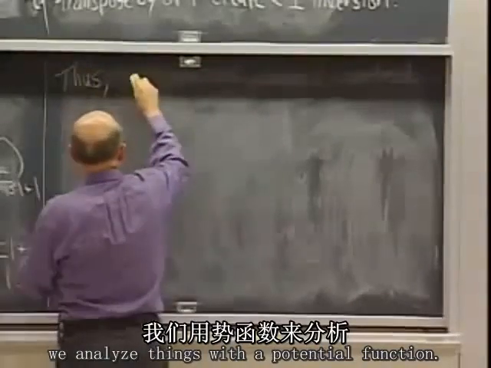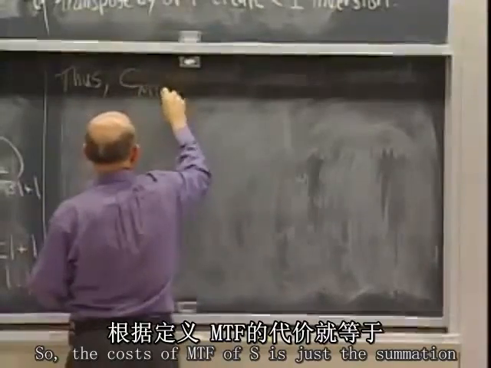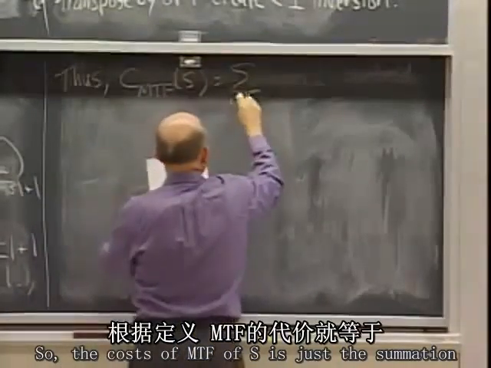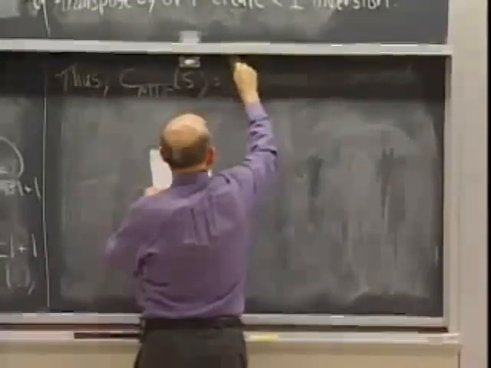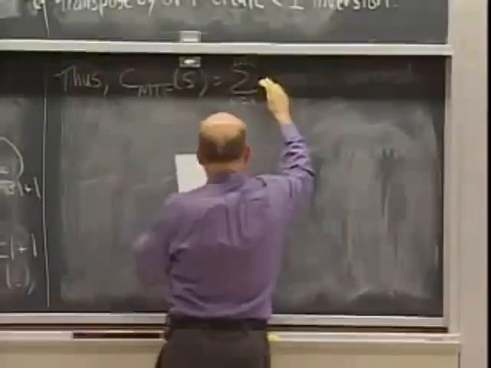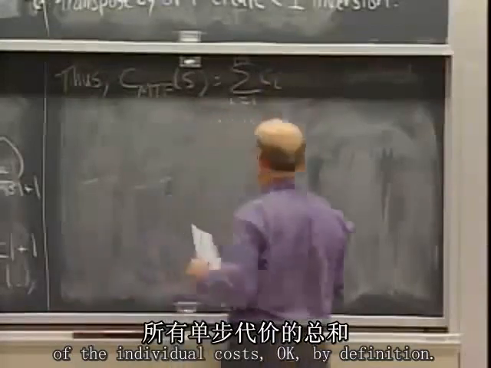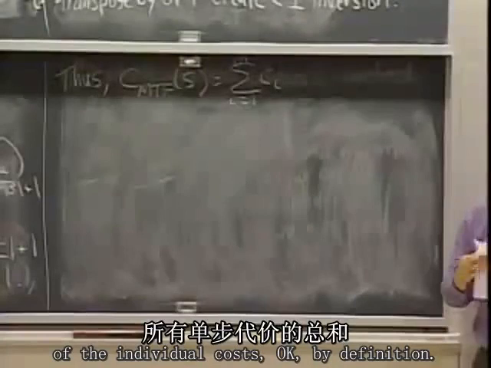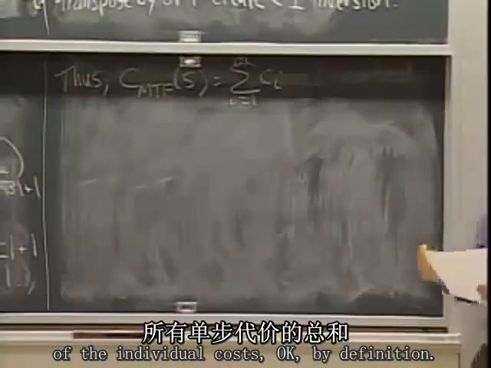So the cost of MTF of S is just the summation of the individual costs, by definition.